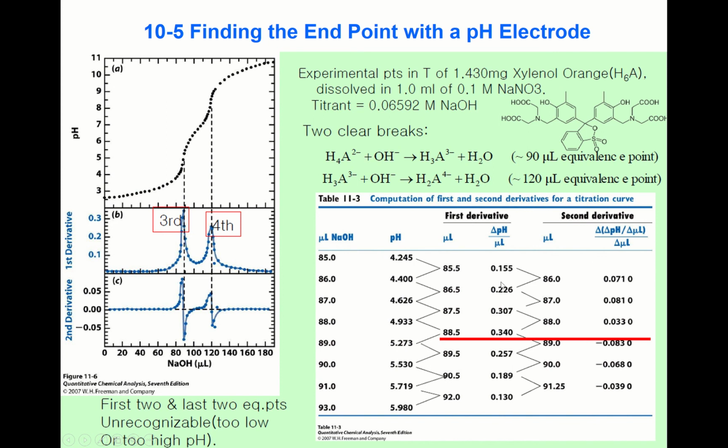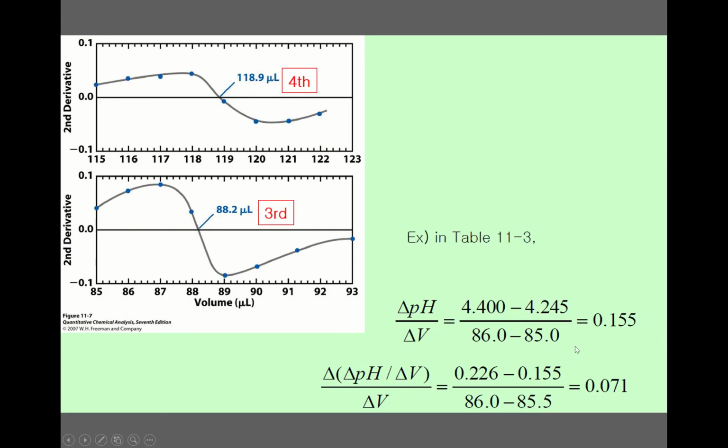For example, for the second derivative, the pH difference for the first derivative is 0.071. And what's the volume change here? 86.0 minus 85.5.